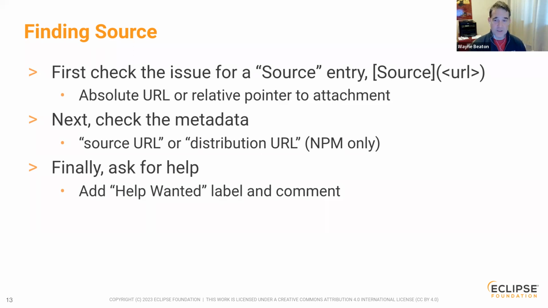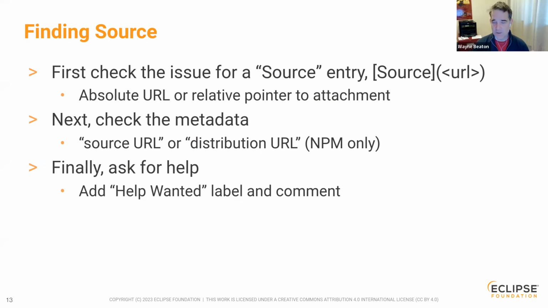So first off, we check there. If we have decided to hint the tool that we know where the source is, and here's where you can find it, that's where it starts. Otherwise, it uses the metadata that it's gathered to find a source pointer. In the case of most, it'll use the source URL. If it's npm and there's no source URL, it will look at the distribution URL.